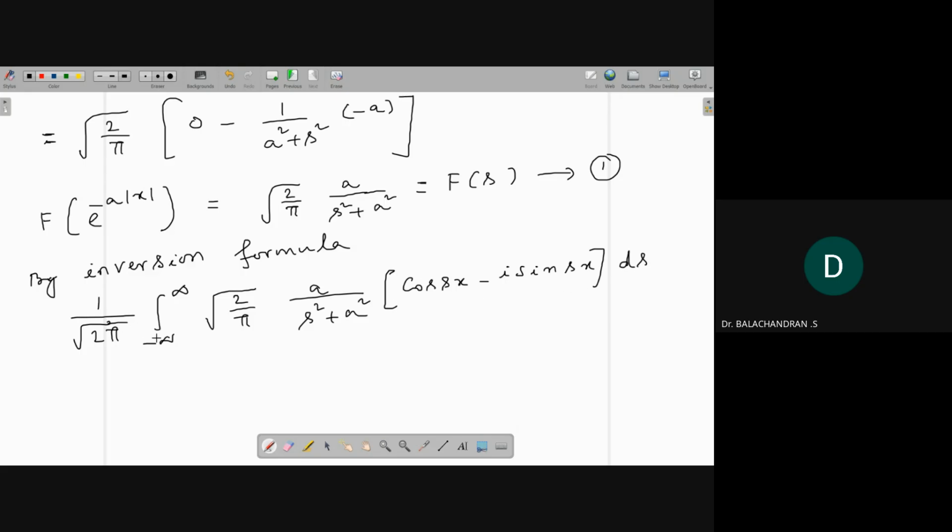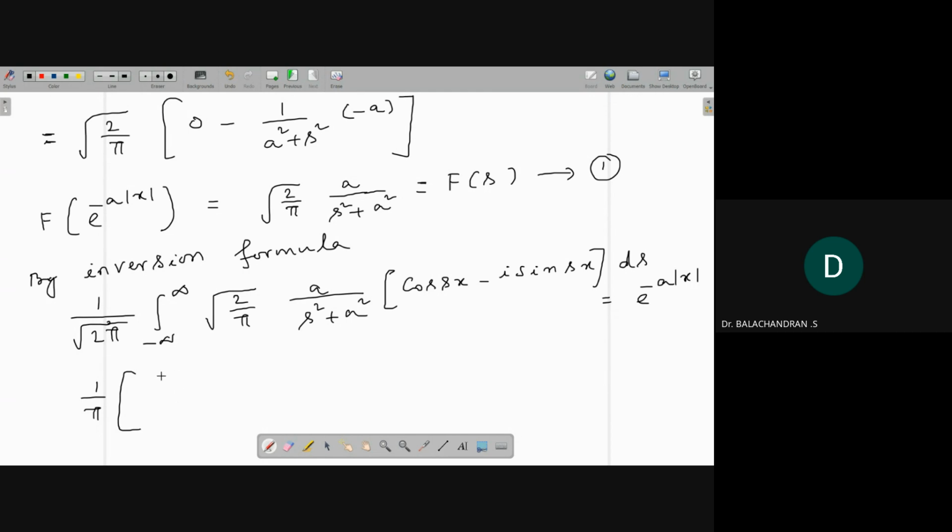Okay, this is the left hand side. The right hand side is f of x, which is e power minus a mod x. Now root 2 by root 2 gets cancelled, and you get 1 by pi.